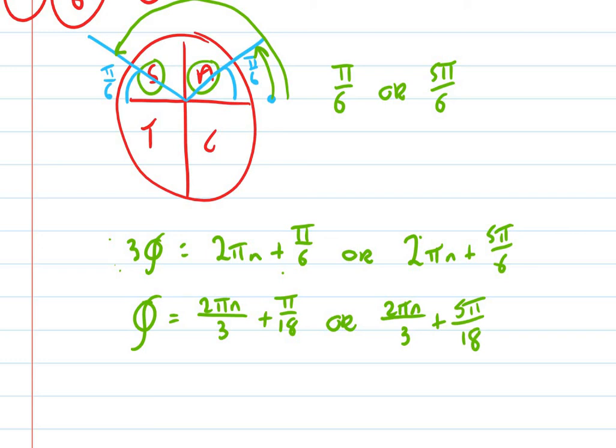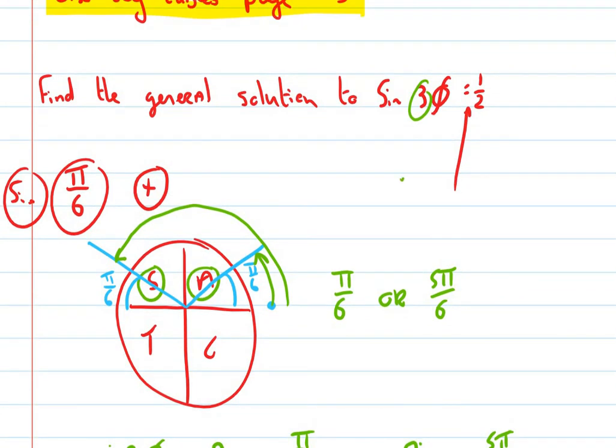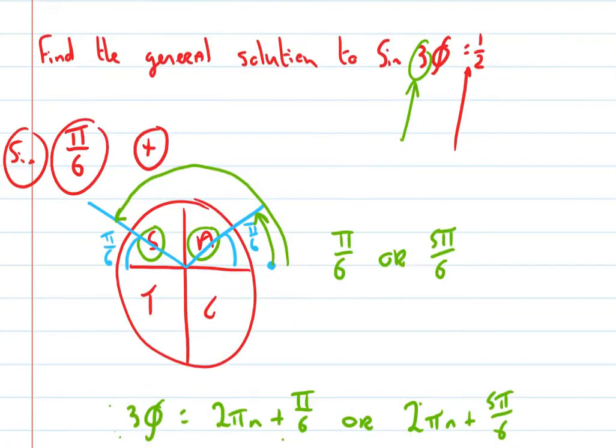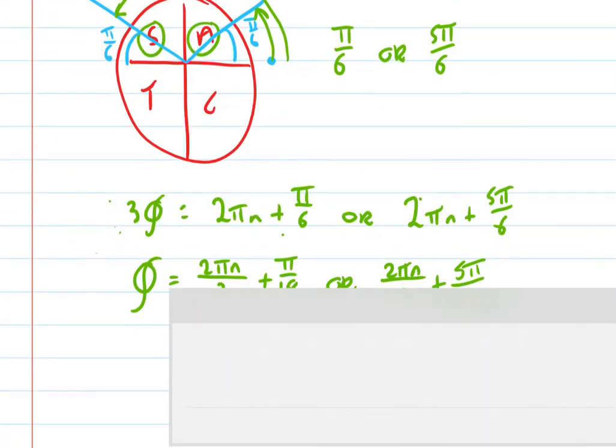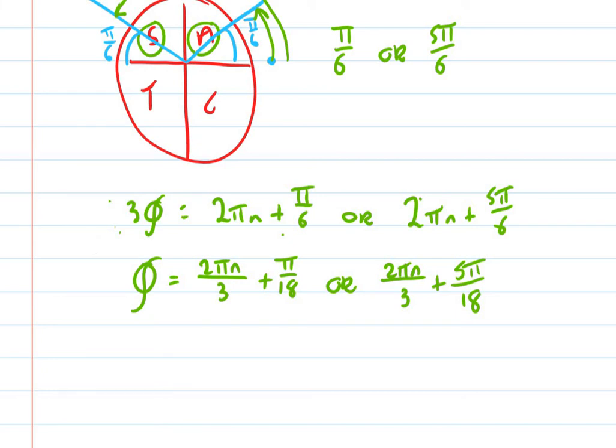And there we have it. So there's no huge difference really when we have a number in front of theta, bar the very last section here. We let 3 theta equal what we got, and then we divide by 3 the whole way across.